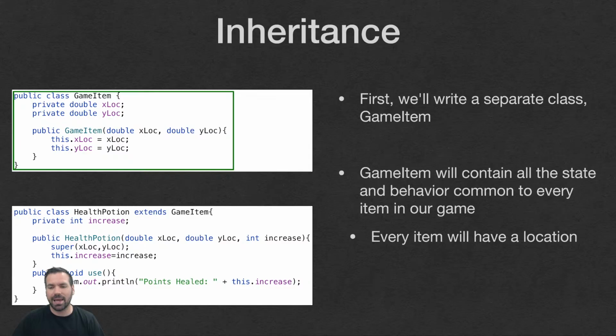Every game item in my game has a location. We're going to represent that with 2 doubles, an X coordinate and a Y coordinate. That's what a game item does. It has a location in the game. It doesn't matter what type of game item I have, it's going to exist in the game at some XY location.